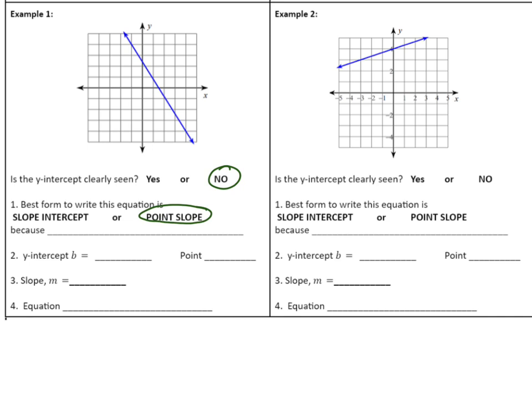Because the y-intercept isn't clearly seen, instead of finding the y-intercept, I'm going to find a point.